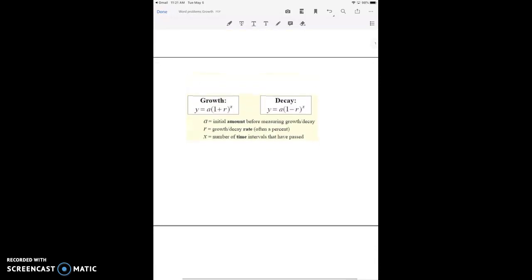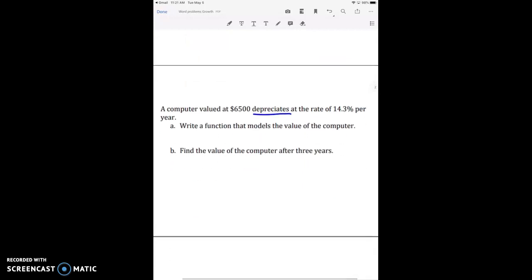So I am trying to figure out a formula that looks like this: A times (1 minus r) to the x. There's my formula. Now I have to transfer the numbers in. Remember, the A is the initial amount, so the initial amount that they give us is 6,500.